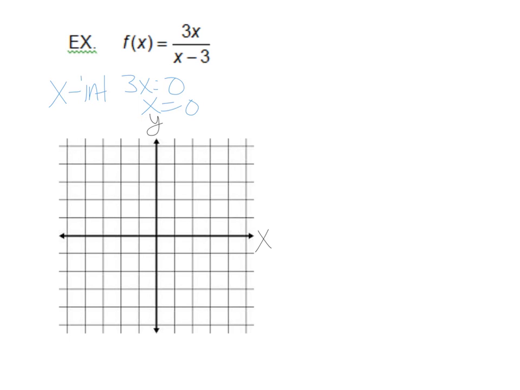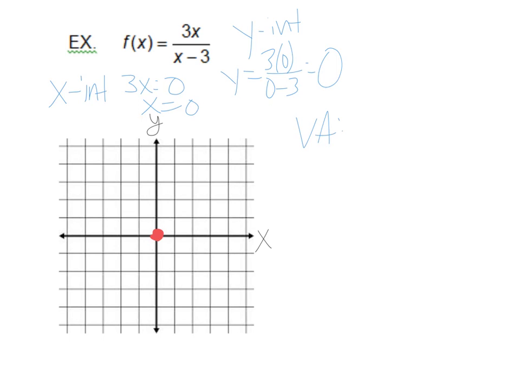So the x-intercept is 0 there. The y-intercept, you replace all of the x's with zeros. So y equals 3 times 0 over 0 minus 3, which is also 0. So the x-intercept and the y-intercept are both at 0.